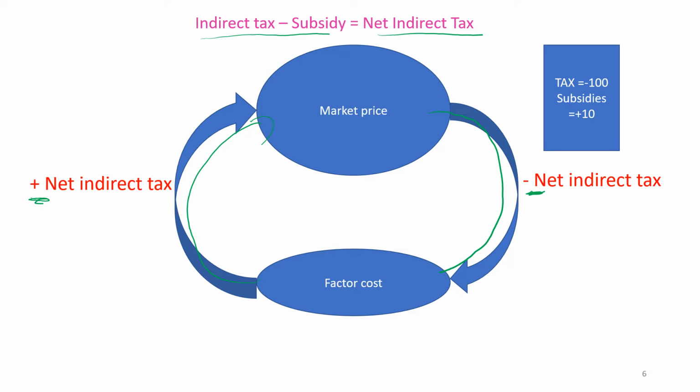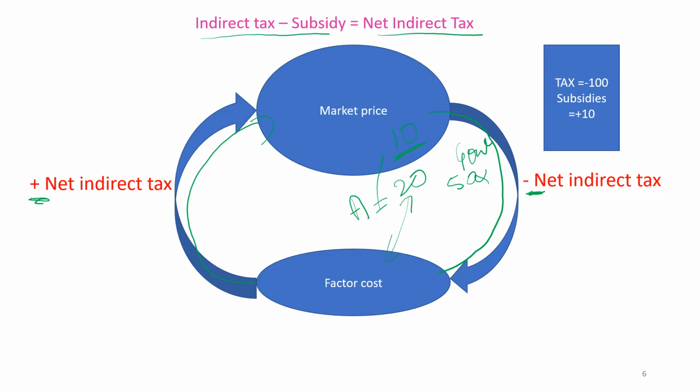See here in the market price, there is a product whose cost is 20 rupees. Now the government announces a subsidy of 50%. Now this product will be available at 10 rupees in the market. But what is the factor cost? Factor cost is 20 rupees.